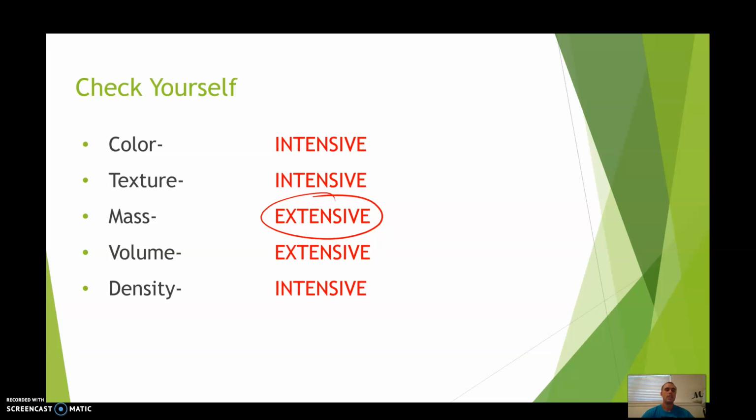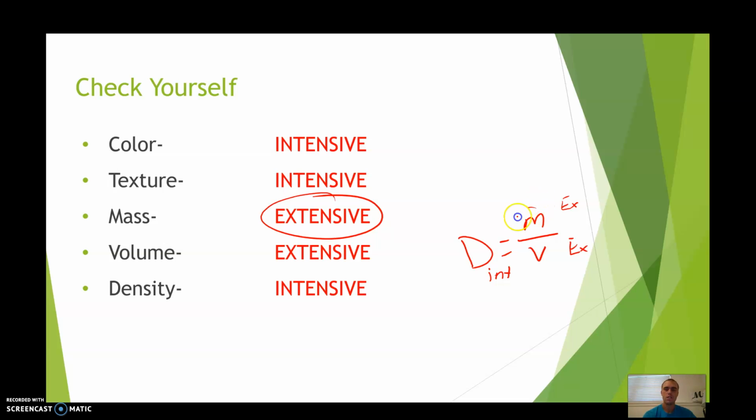Now density is a comparison or a ratio of mass to volume. We'll talk about density a little bit later, but density is a ratio of mass to volume. D equals m over v. And these are both extensive properties. Extensive. And density is actually an intensive property.